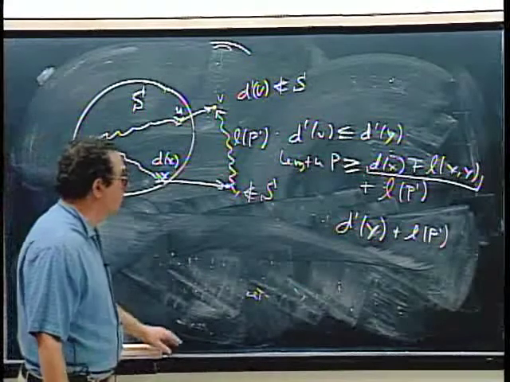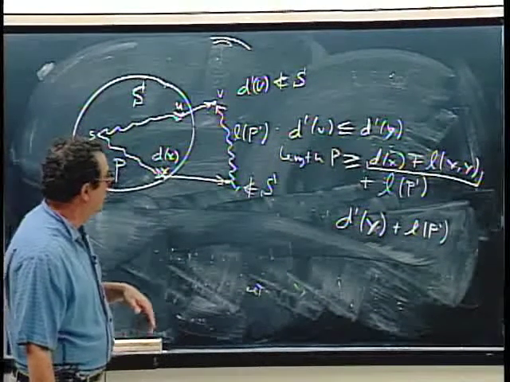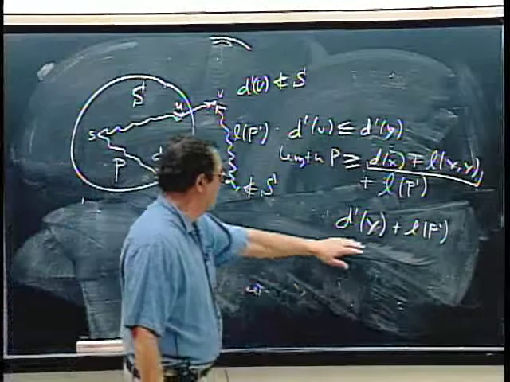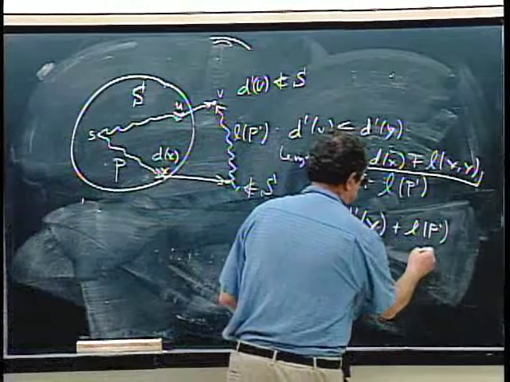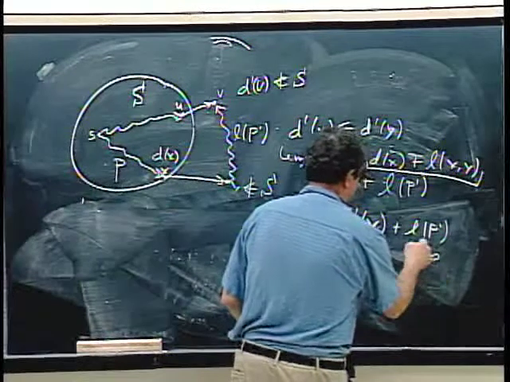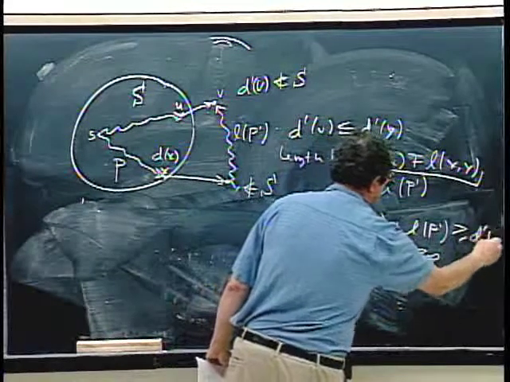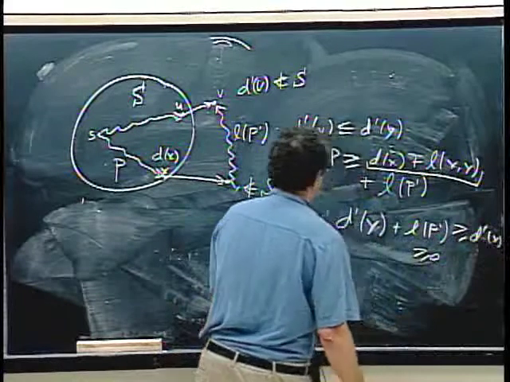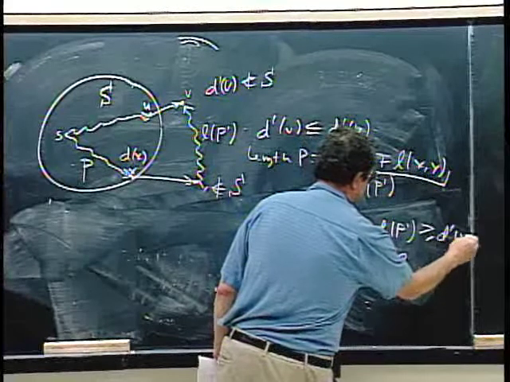So hopefully those of you who'd noticed that we never used that assumption yet were getting a little anxious. And here's where we use that. This is always greater than or equal to 0. And so this is greater than or equal to d prime y. Okay?